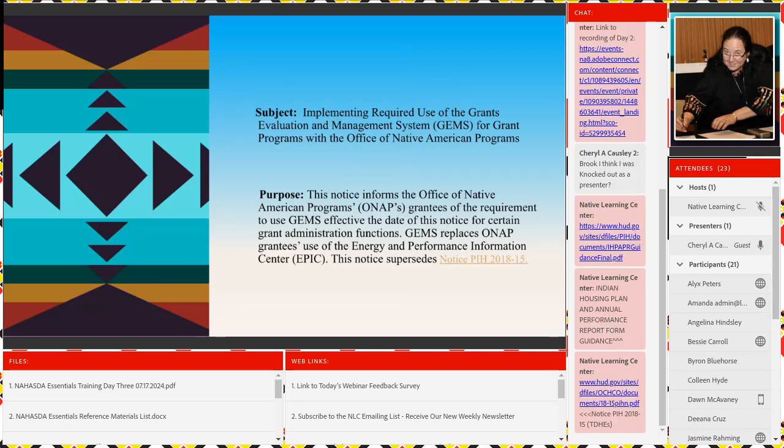So the subject on the guidance is informs the Office of Native American Program grantees of the requirement to use GEMS effective the day of this notice for certain grant administration functions. It replaces the use of EPIC, which is the Energy and Performance Information Center, and therefore supersedes Notice PIH 21815. That's why I said we're going to get a new notice this year, because it superseded it.